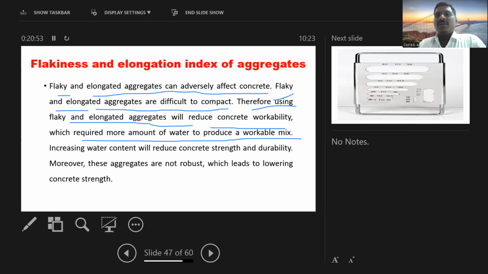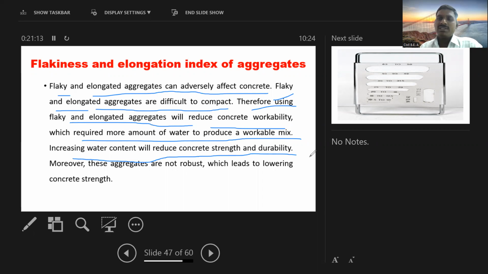So for a proper mix, more water is required. If we add more water into the concrete, then the strength is reduced. Increasing water content reduces the concrete strength and durability.